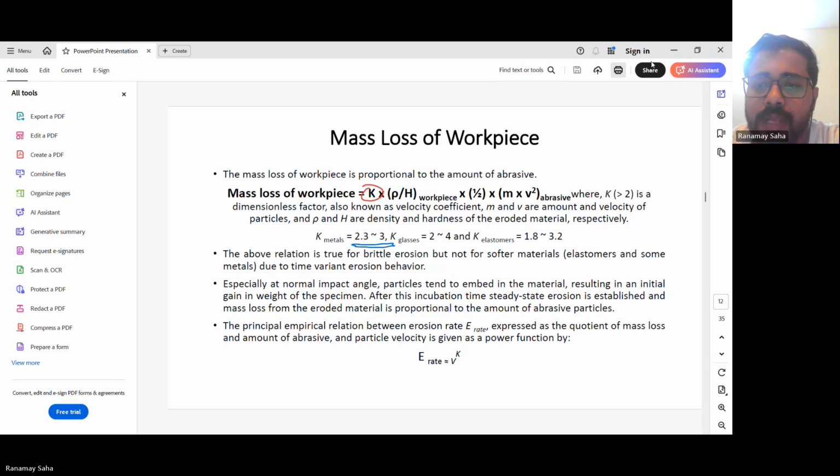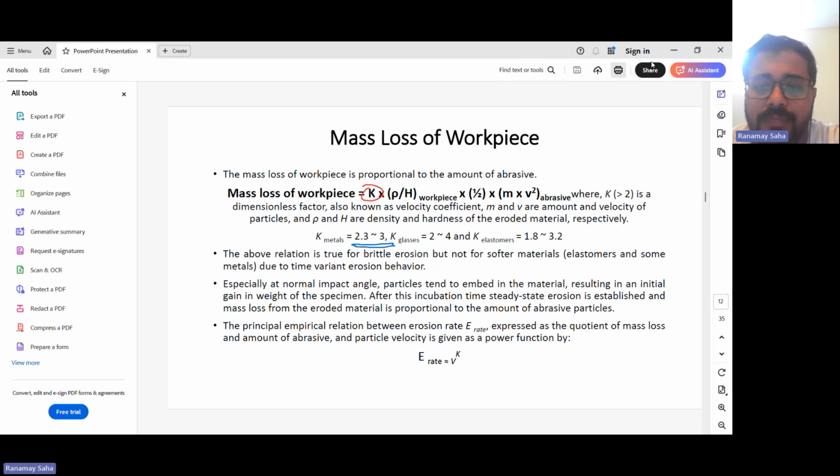Here density and hardness of the eroded metal are shown through rho and H, and half mv square denotes the kinetic energy of the abrasive particles. The above relation is true for brittle erosion, but not for softer materials, elastomers, and some metals due to time variant erosion behavior.